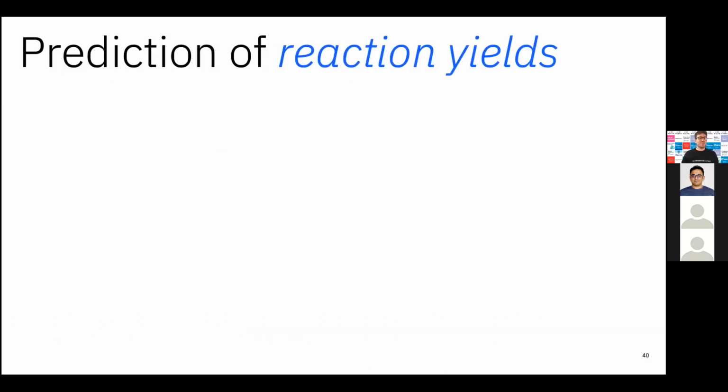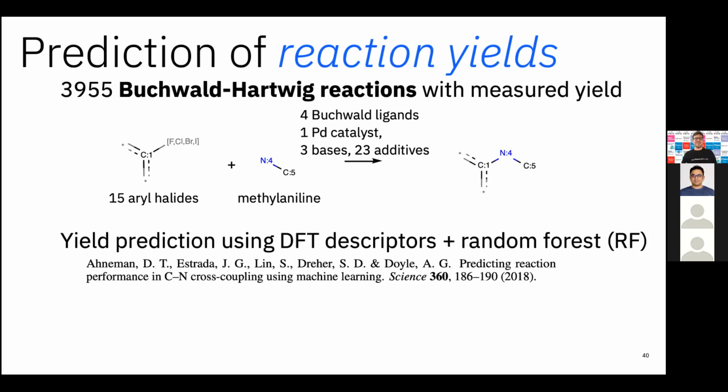Another downstream application is the prediction of reaction yields. And here we'll focus on the dataset from Abby Doyle, who presented last week, and her amazing work on using DFT descriptors and random forest.